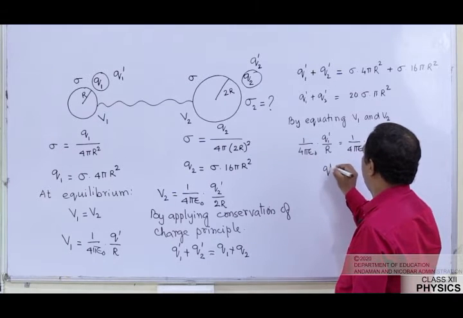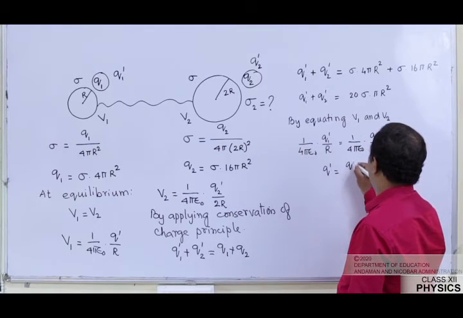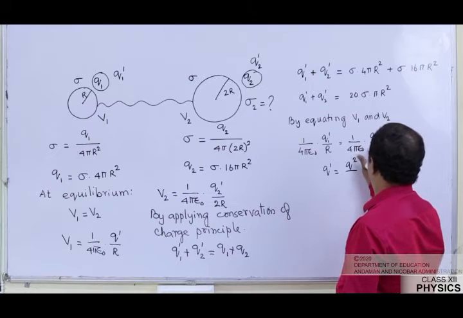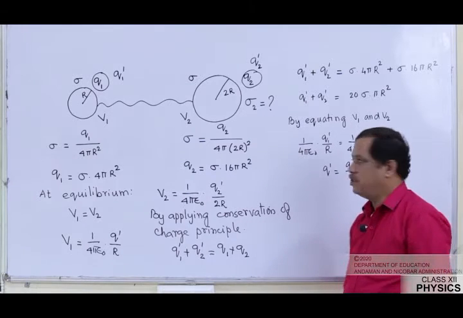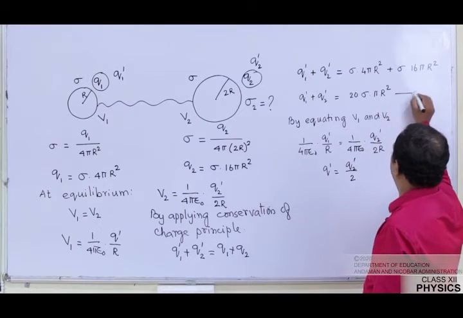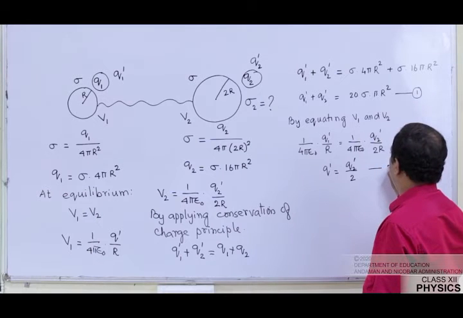Otherwise, q1 dash is equal to q2 dash by 2. Now let me suppose that this is equation 1 and this is equation 2.